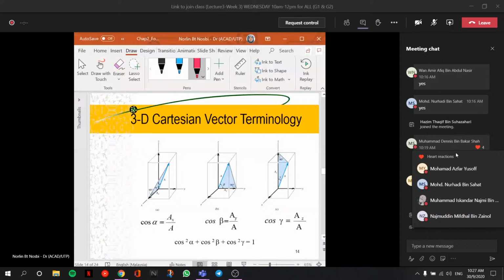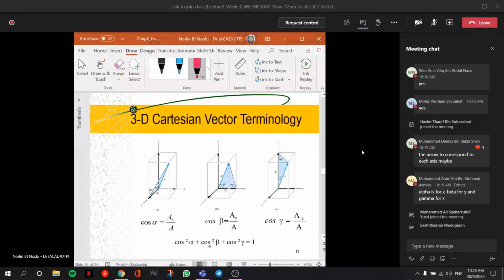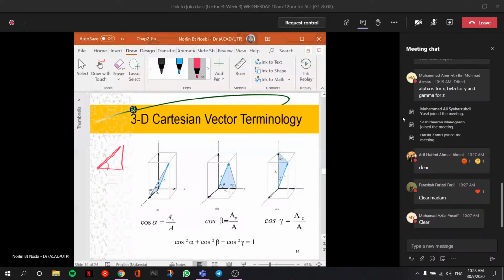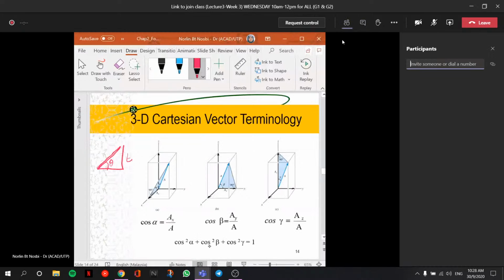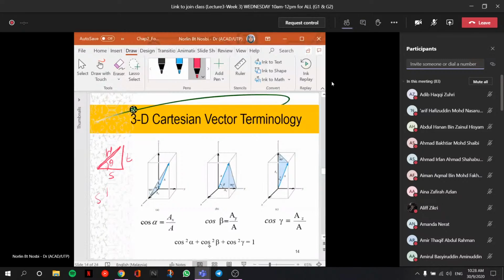It is also like trigonometry. Do you remember? Theta, and for me I label it as T, S, and H. If you want to find the cos, it is side over hypotenuse, so Ax over A, right?